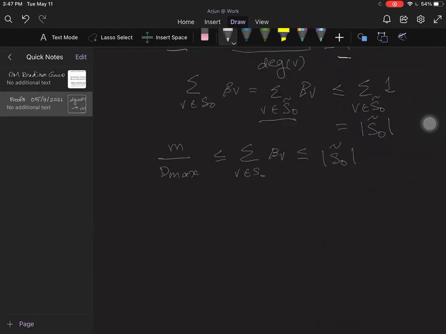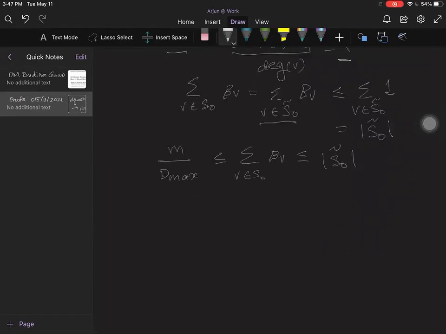And we can do the exact same analysis for S1. We've only done S0 so far, but it follows basically the exact same pattern, in which it's going to look something like this.